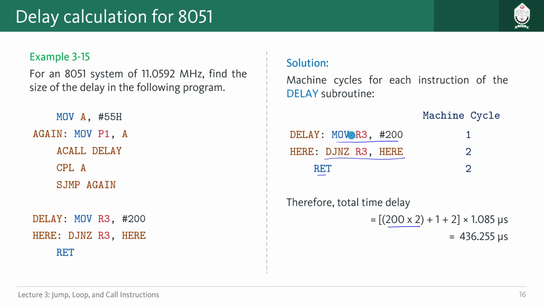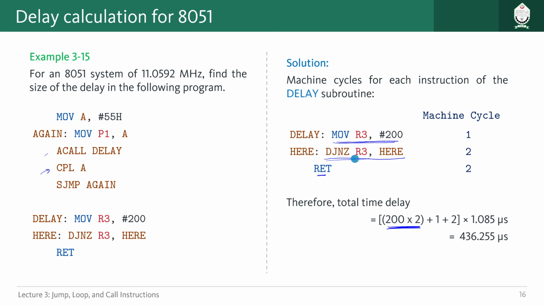So when we are starting here, once this line is executed, then this line will be executed 200 times, because this is a loop and R3 has the initial value 200. After completing this line 200 times, we get to RET and then go to the next line. In this way it will happen, so that's why it's written like this.